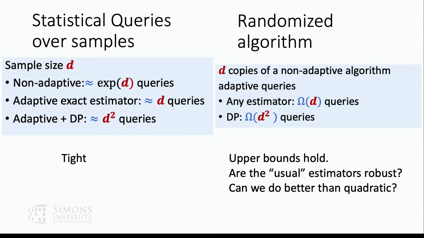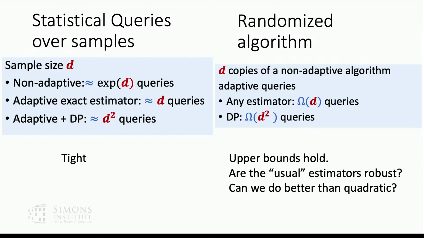With the exact estimator, we could answer only D queries, and that was tight. And with DP, instead of D, we could get D square, and that was tight. But with randomized algorithms, with the wrapper, we get these kinds of upper bounds, but we don't have lower bounds.